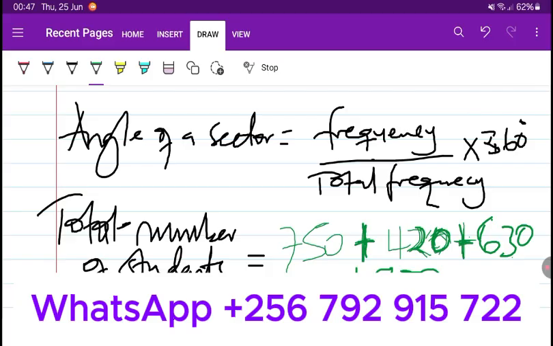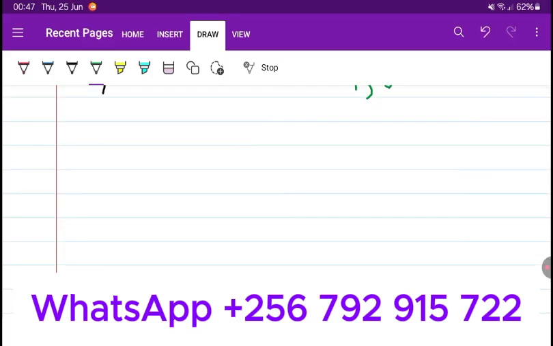Now we want to look at the size of the angle for level 1, level 2, and level 3. So we are going to take up level 1.